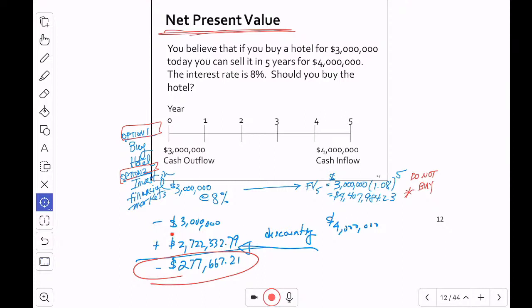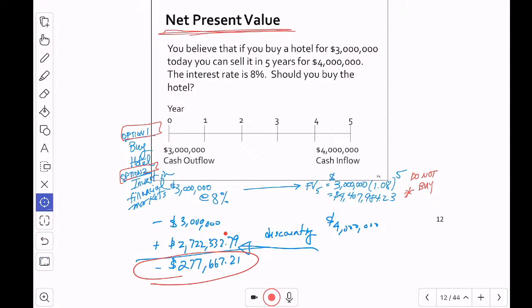This is what it's worth to me, so I could use these funds today to do something with, right? We want everything in the present to see what actions we can take. So as I explained, this 2,722,000, I could borrow against it. I could find someone at 8% to give me this money, and I can go do whatever I want with the money and then return the 4 million later, right?